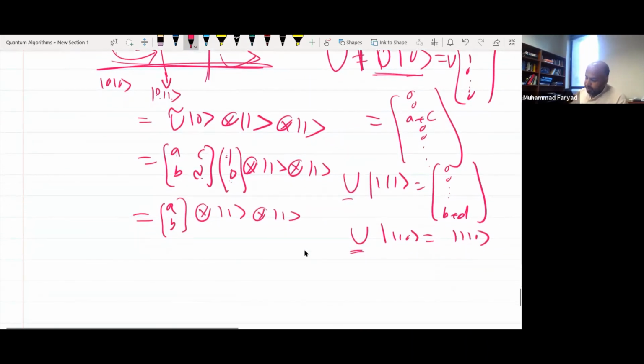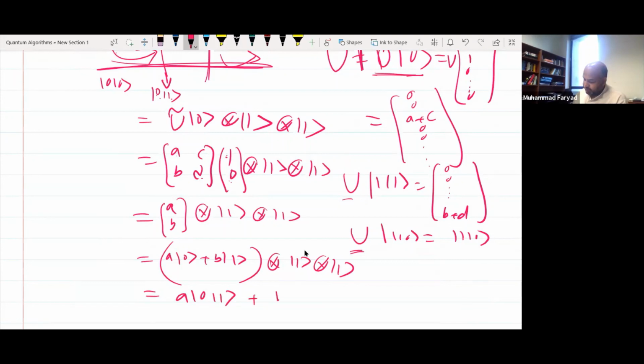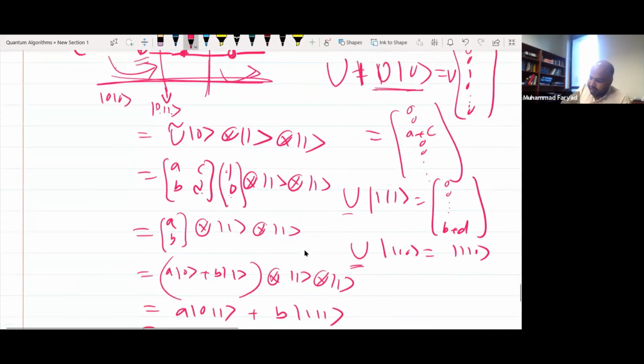Okay. और ये जो A B है, this is nothing but A 0 B 1 tensor 1 tensor 1. So I actually get A 0 1 1 plus B 1 1. यहाँ तक आ गया.